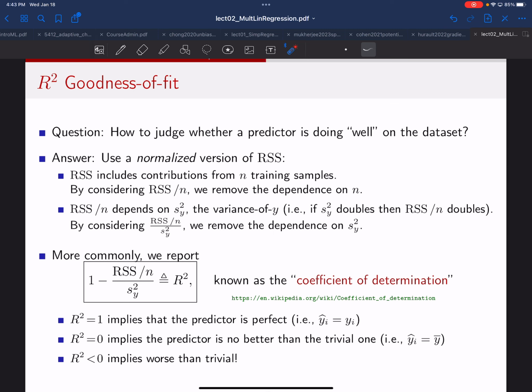Another way to think about it is that you can always build a trivial predictor whose predictions y hat i are just the sample mean of the training targets. You can always build a trivial one that gives you 0. If R squared is negative, it means that you must not be using a least squares predictor, and it's certainly possible to build non-least squares predictors that are worse than trivial. But if you see this happening in the lab, then you should know something is maybe wrong with your code.